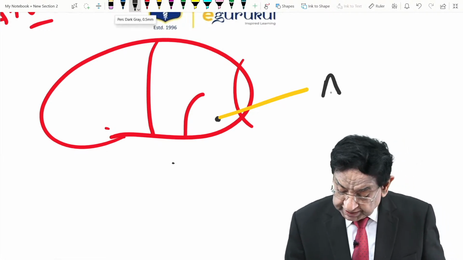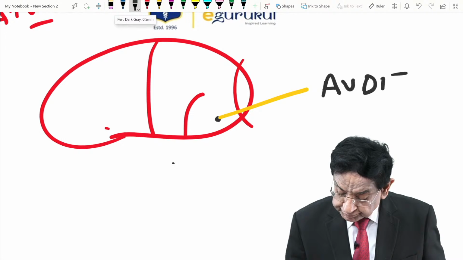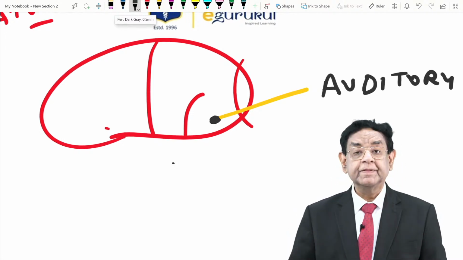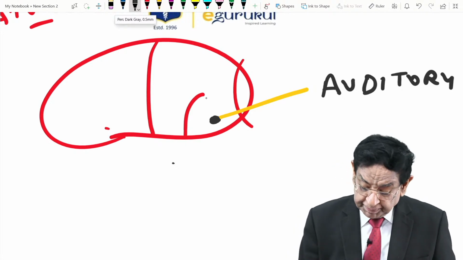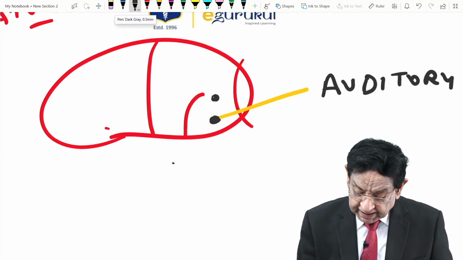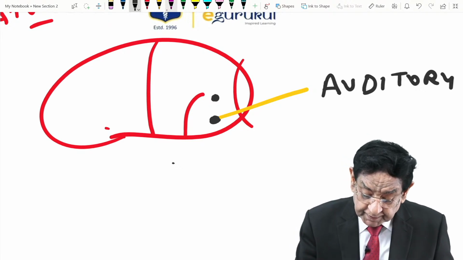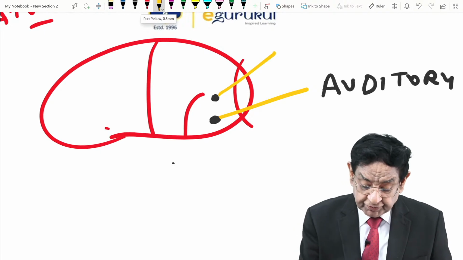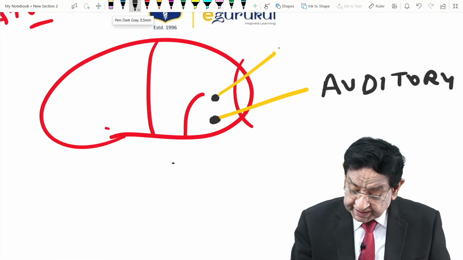We have the auditory area, this one. In the superior temporal gyrus, we have the Wernicke area.